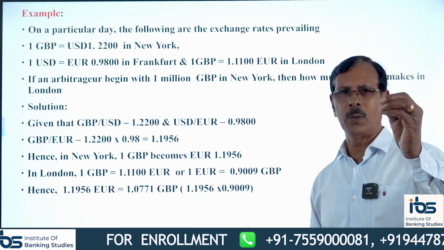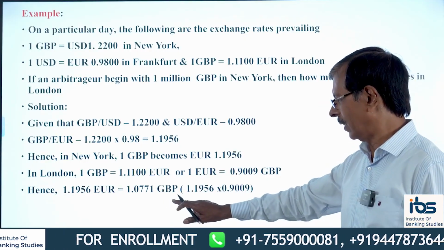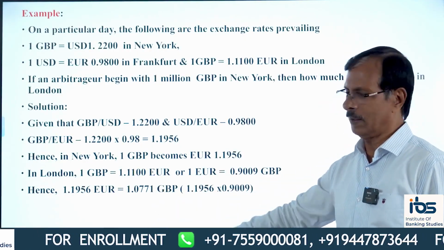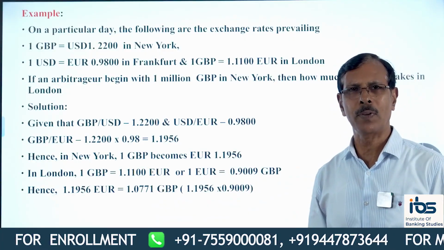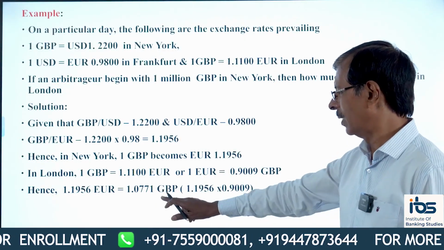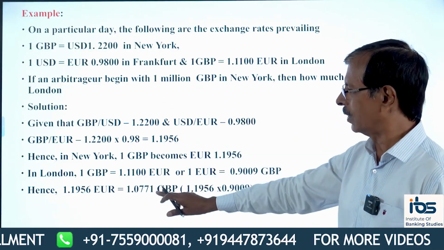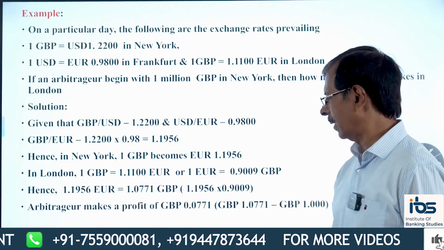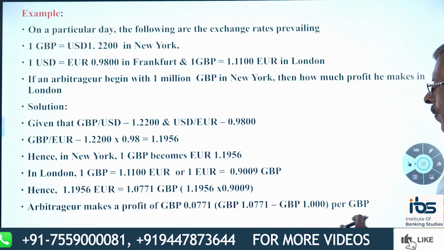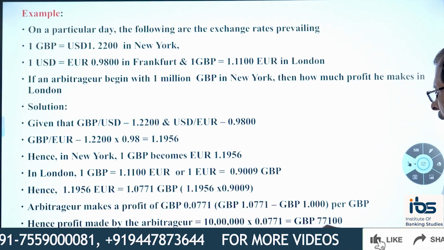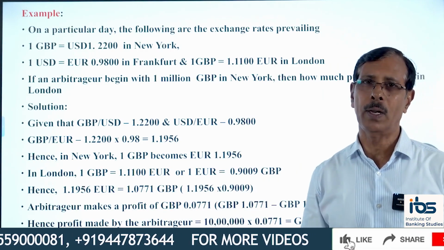So he started with 1 GBP, now ends with 1.0771 GBP. So what is his profit? Per GBP, he got 0.0771. So multiply this by 1 million, and the answer is, he gets a profit of GBP 77,100.